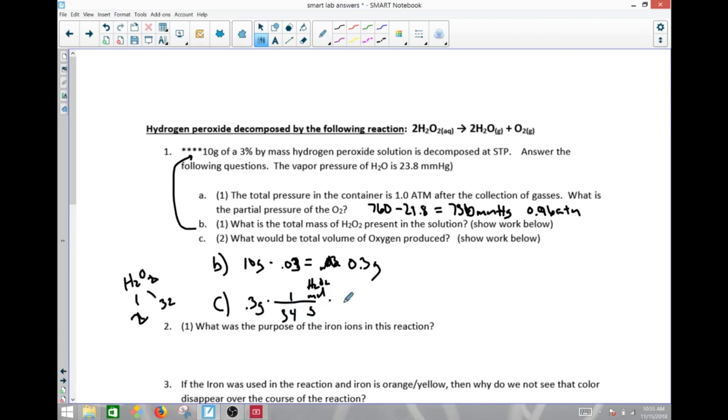And then dot line, for every 2 of these I get 1 oxygen. So at a 2 to 1 ratio, this gives me moles of oxygen. Calculate that quickly: 0.3 divided by 34 divided by 2 is 0.0044.